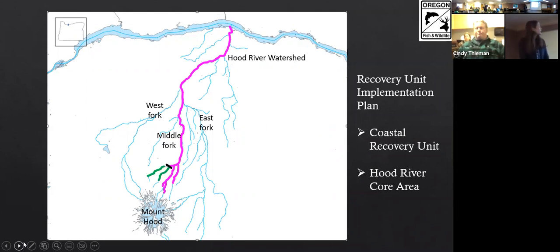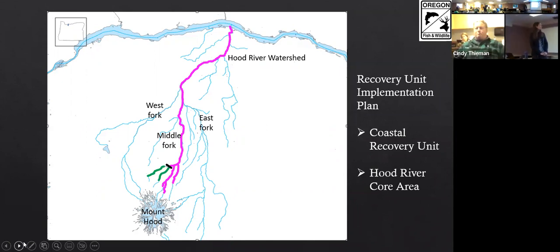So looking at the distribution of bull trout within our watershed, this image obviously illustrates the Hood River main stem to the Columbia, and then West Fork, Middle Fork, East Fork. The pink line indicates the typical distribution of bull trout within the watershed.